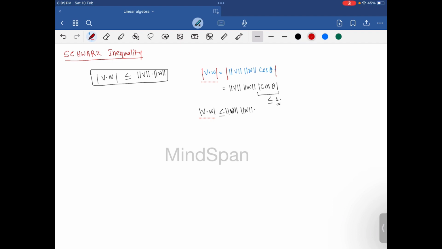Now we have one more inequality, that is the triangle inequality. And what does it say? That if you add two vectors and take the length of that vector, that will be less than or equal to the individual lengths of the vector v and the vector w.